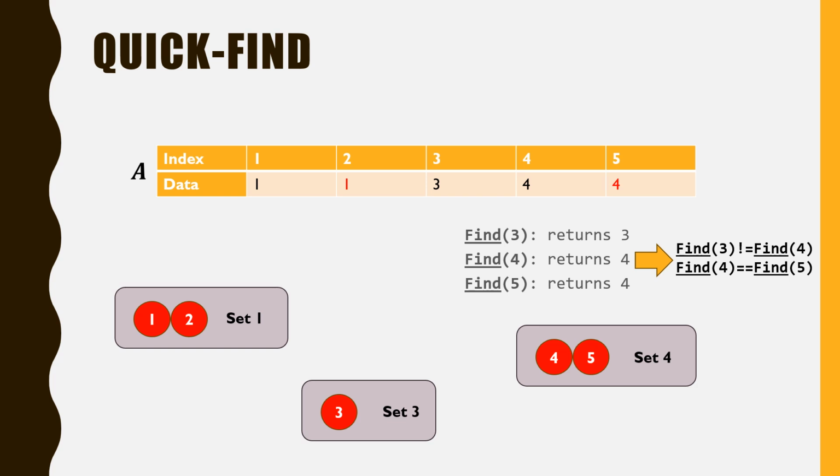Given the disjoint sets represented by the array A, calling find(3) returns 3, while both find(4) and find(5) return 4. From this, we can determine that find(3) does not equal find(4), meaning elements 3 and 4 belong to different sets. Conversely, since find(4) equals find(5), elements 4 and 5 are in the same set.